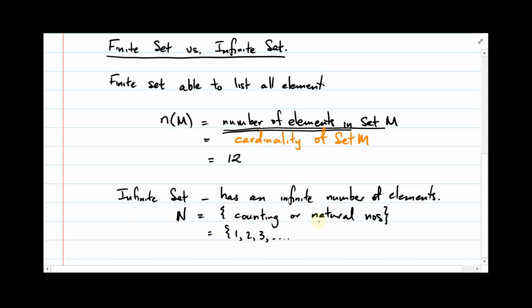There's a fixed pattern, it keeps going up by 1, but I can't list all of them. If I ever think that I have gotten to the end, someone will just add another term, and so we can say that this is an infinite set.